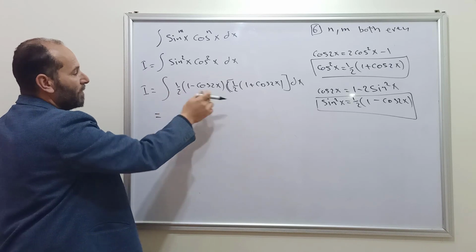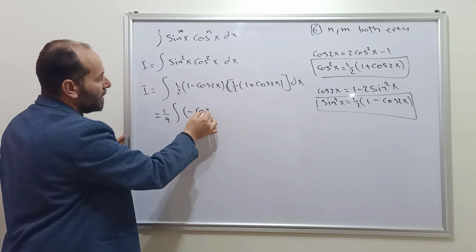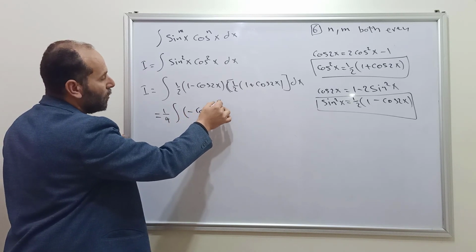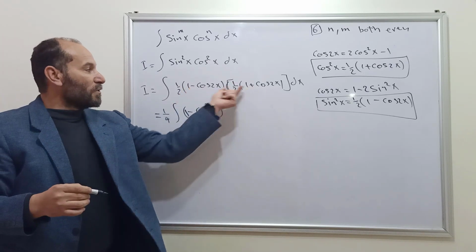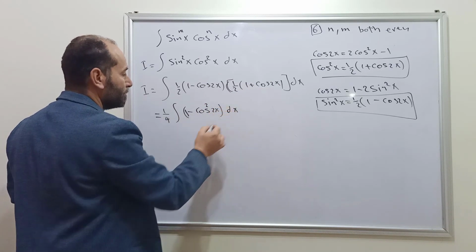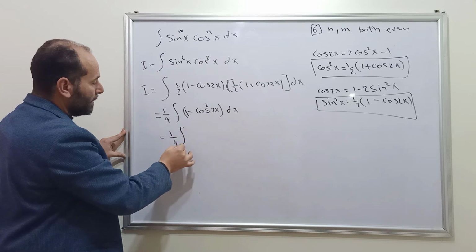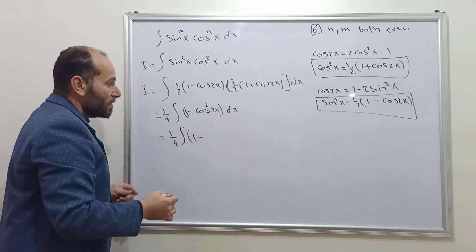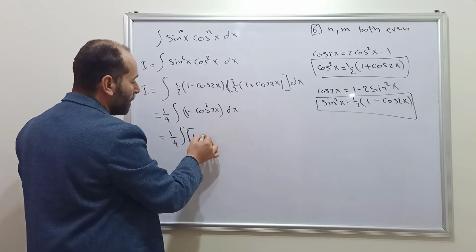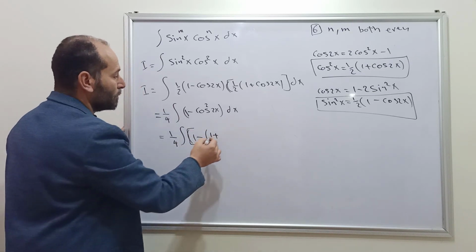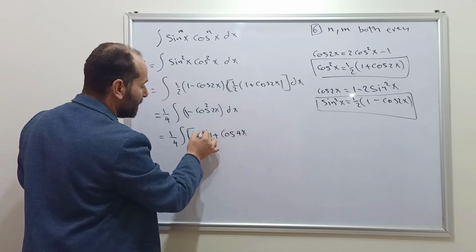Half by half equals 4, so it is the integration of 1 minus cosine 2x all power 2, using the difference between two squares, 1 minus cosine squared 2x, dx. This equals 1 over 4 the integration of 1 minus cosine squared 2x, equals 1 plus cosine 4x, here half.